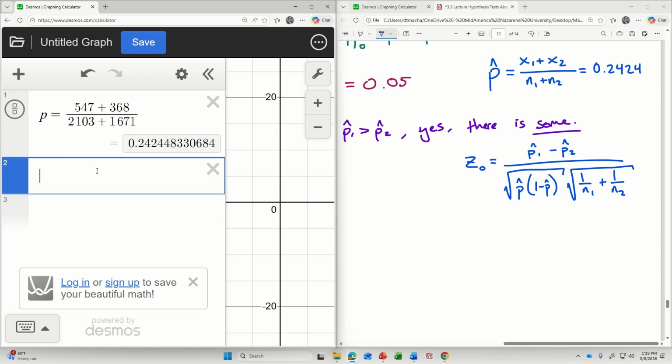Okay, so here goes. Here's my big test statistic. I'm going to name it Z0 in Desmos.